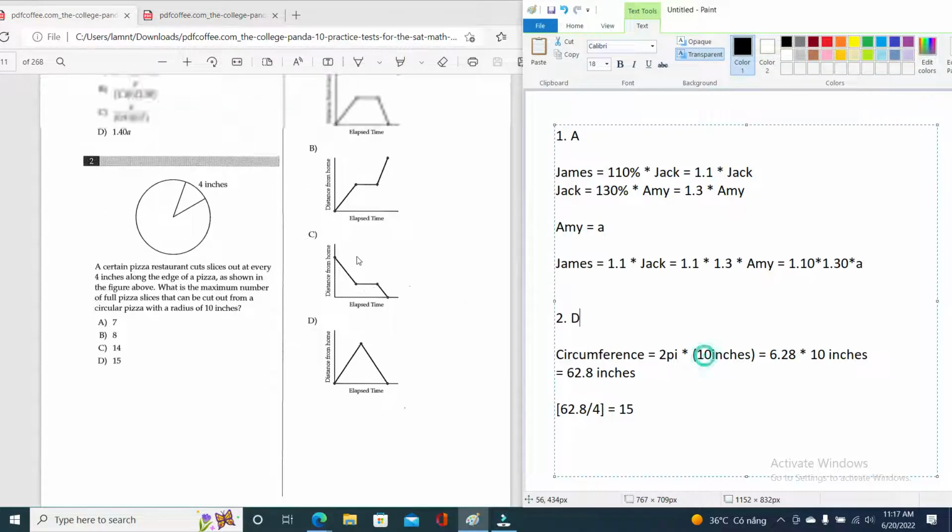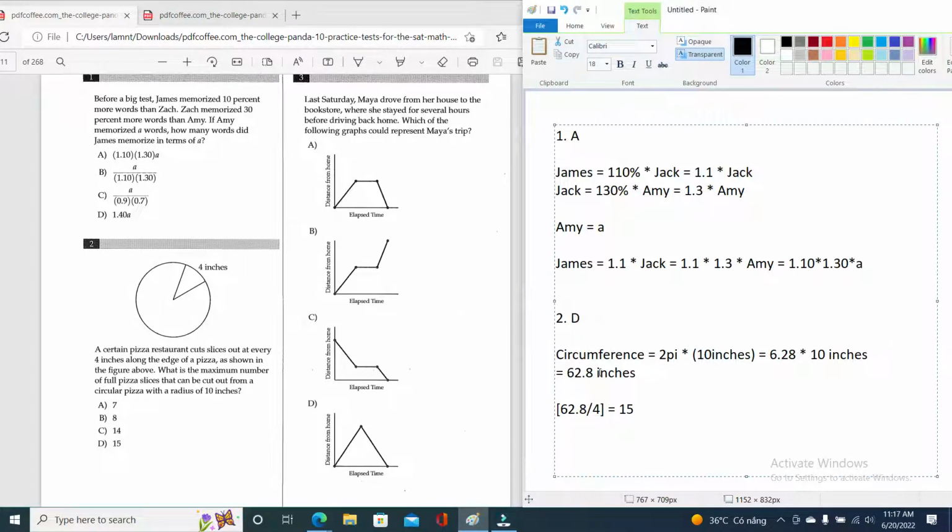Alright, number 3. Maya drove from her house to a bookstore where she stayed for several hours before driving back.